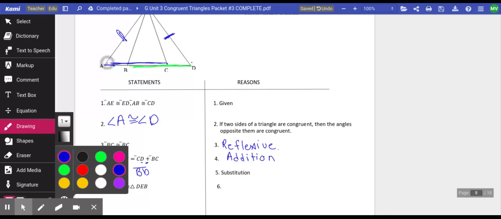I'm going to make my one triangle blue with what I know, my other triangle green with what I know. And then I know this angle is equal to this angle. So that's side, angle, side, because I know the two sides and the angle in between.